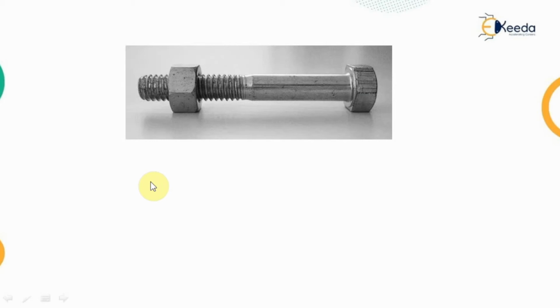Now the bolt connection has to be studied in detail, and we will discuss all the properties of the bolts. This figure shows the different parts of the bolt. You can see that this is the nut, while the remaining portion is known as the bolt. The portion at the top is known as the head of the bolt.